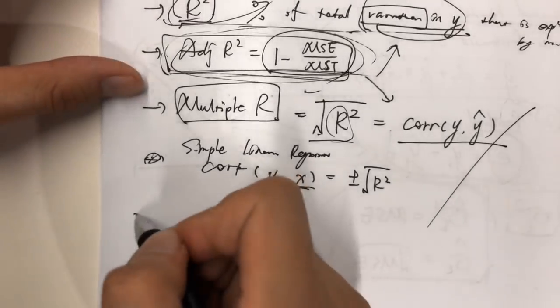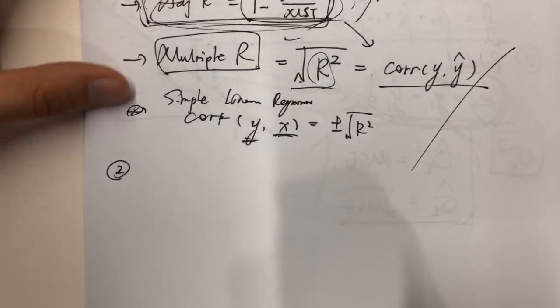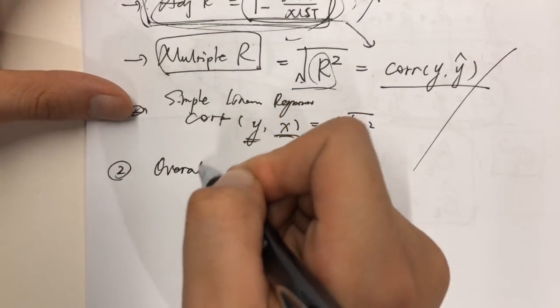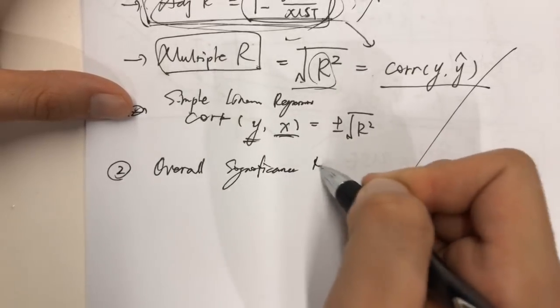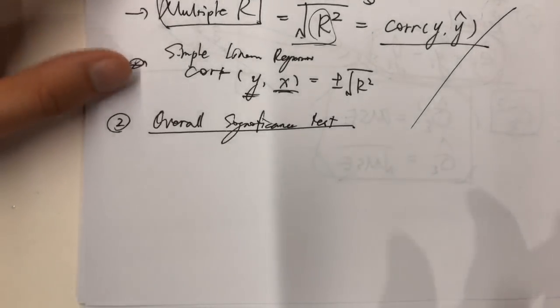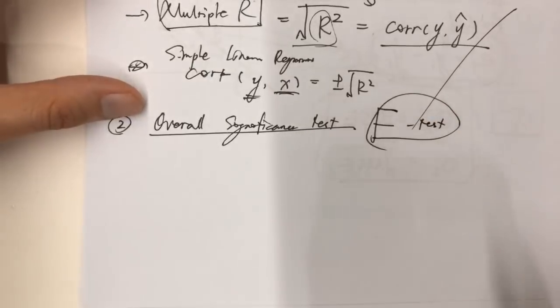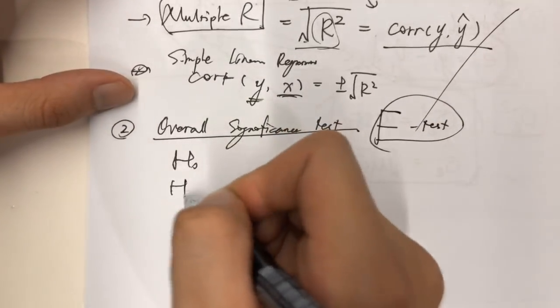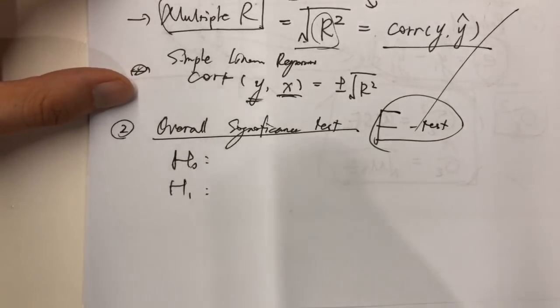And second part, other than R's, we do have an overall significance test, right? So for the overall significance test, we know it's an F test, right? The overall significance test is actually testing if all the betas of the independent variables are 0 or not, right?